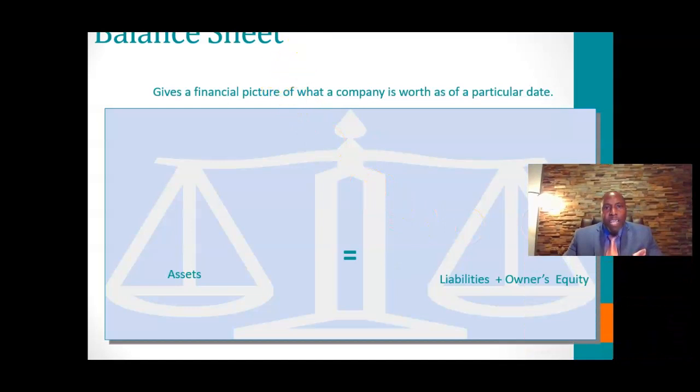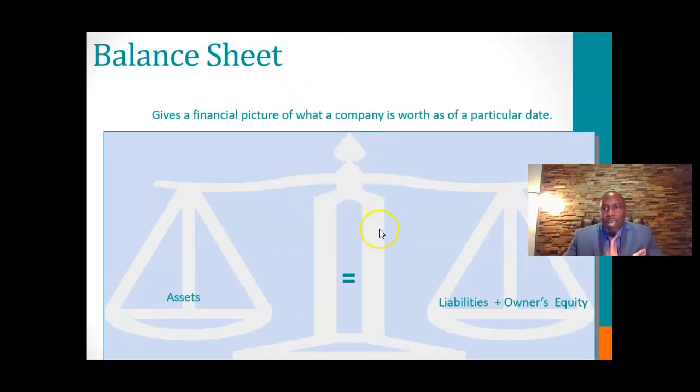So we have a statement that is known as a balance sheet. The balance sheet shows a company's net worth, its value, as of a particular date. The balance sheet shows all of the assets of the business, the things of value.